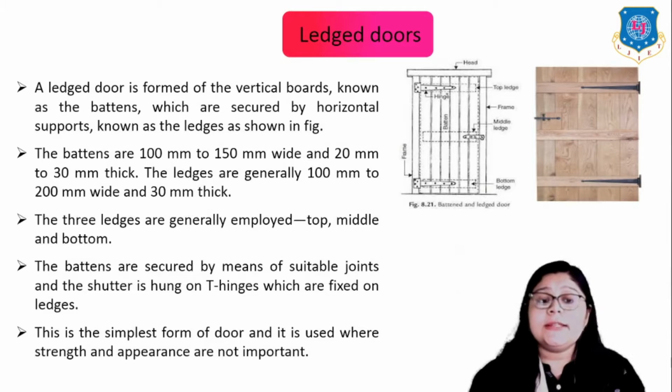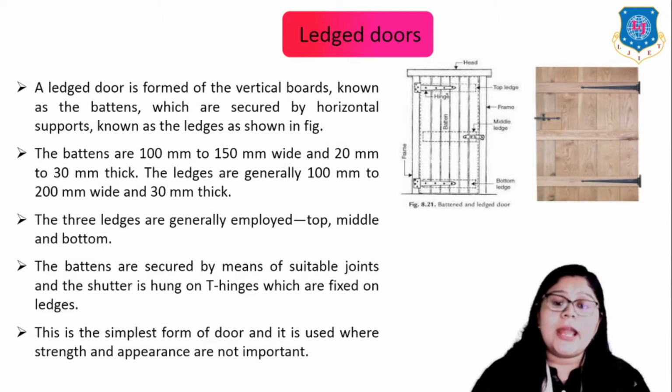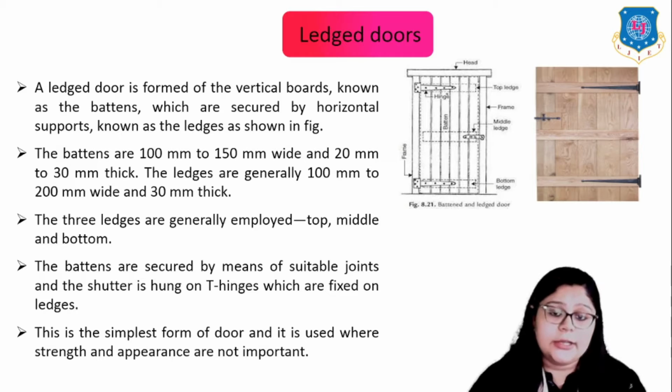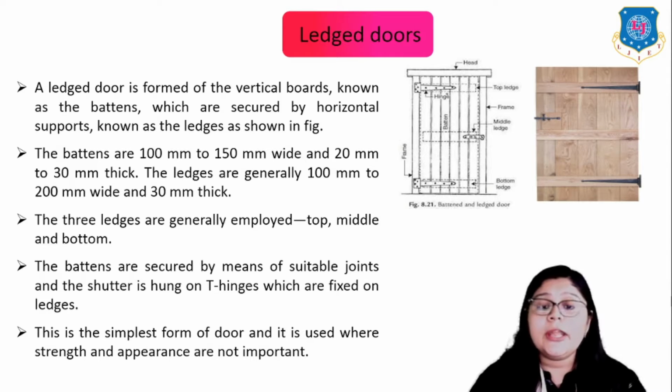Here you can see in this picture the type of ledge door, where it is formed of vertical boards known as the battens, which are secured by horizontal supports known as the ledges, as shown in this figure. The battens are 100 mm to 150 mm wide and 20 mm to 30 mm thick.